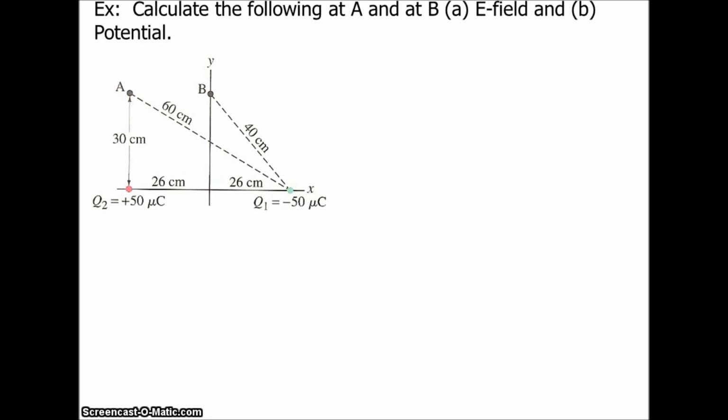Okay, now let's find the potential at A. The potential at A would just simply be the potential from 1 plus the potential from 2. Don't have to worry about any X and Y components.